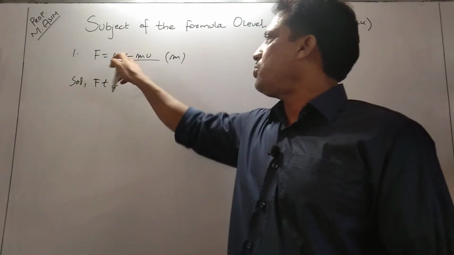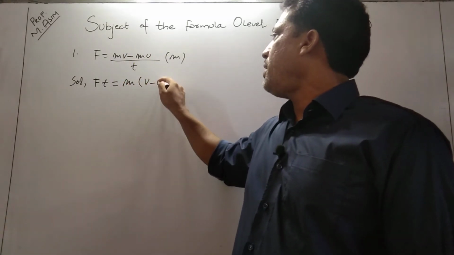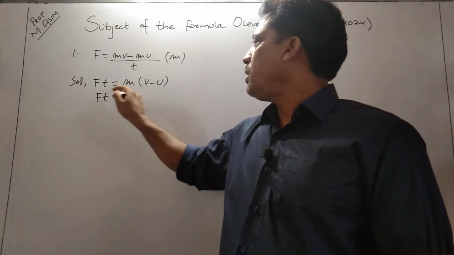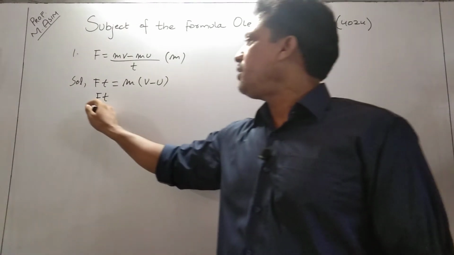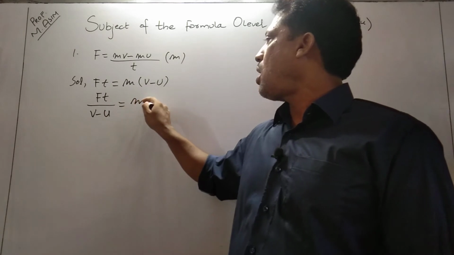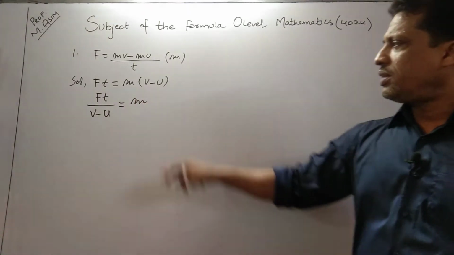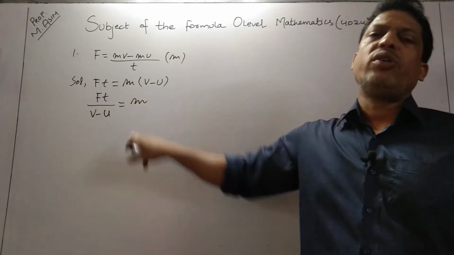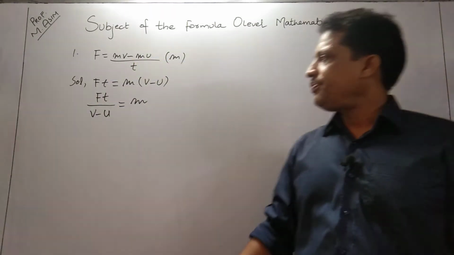Ft is equals to, what is common? m. What is remaining? (v minus u). This (v minus u) is multiplied, so this should divide on other side. Our requirement has fulfilled. Why? Because there is no coefficient, no exponent and no denominator of m. Therefore, m is the subject of the formula.